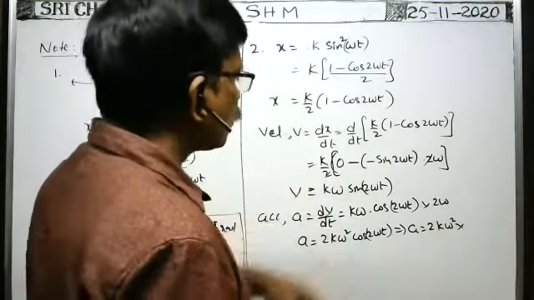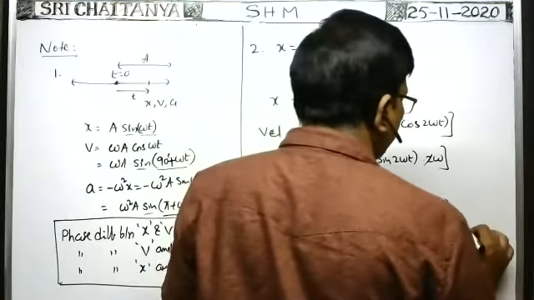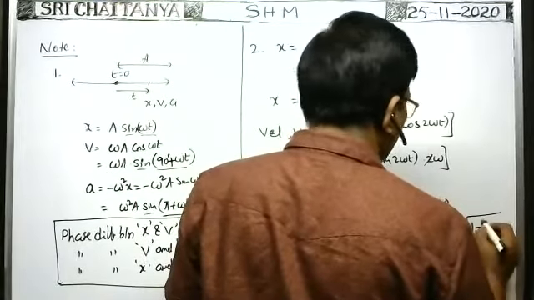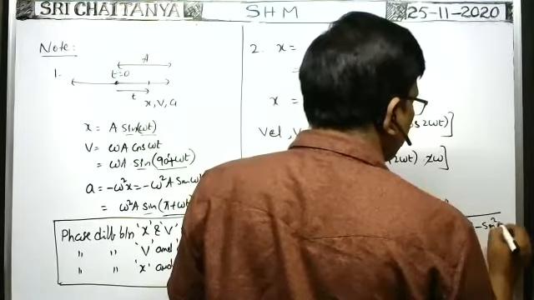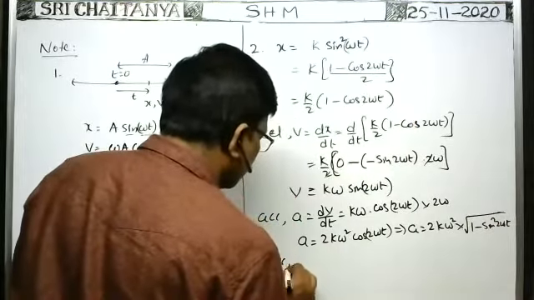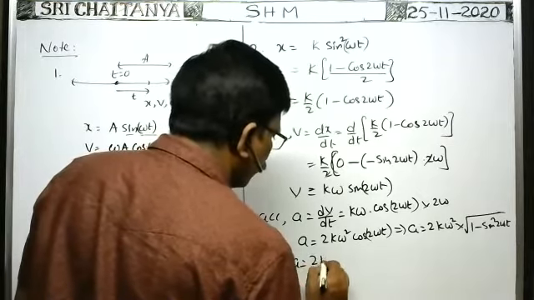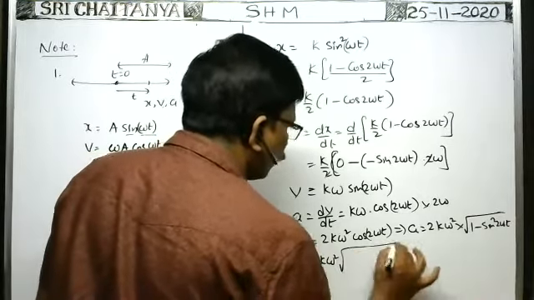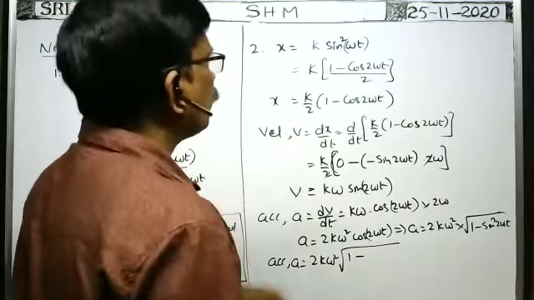How can we write cos 2 omega t? Cos 2 omega t can be written as square root of 1 minus sine square 2 omega t, right? Okay, therefore, acceleration a is equal to 2k omega square into root of 1 minus sine square 2 omega t.